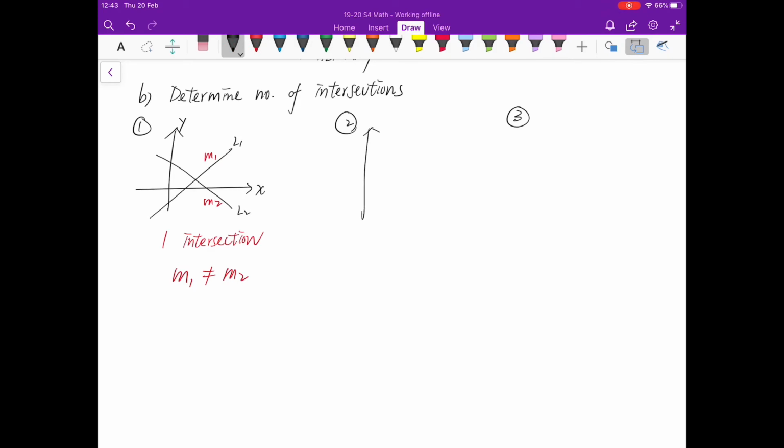And for case 2, it appears in two parallel lines. I use arrows to represent that they are parallel, and I mark them as L1 and L2. As you can see, these two lines are separate. So we know that there are no intersections.